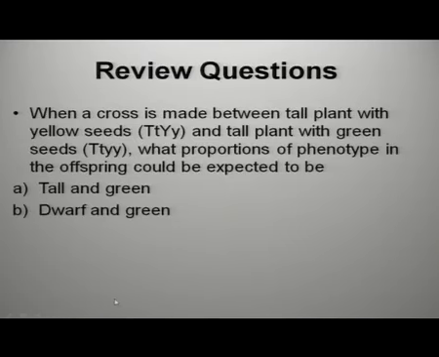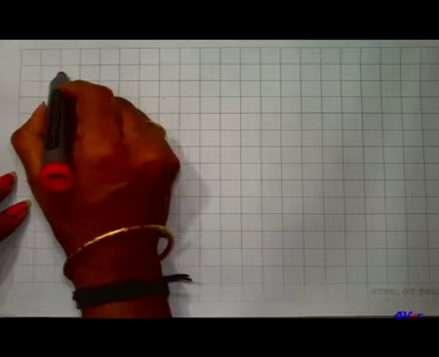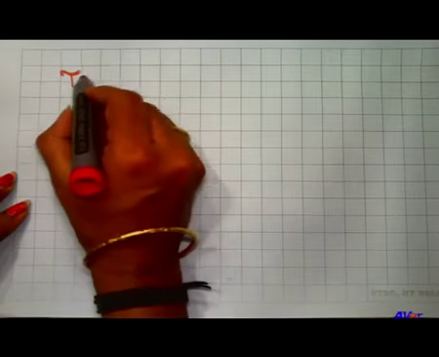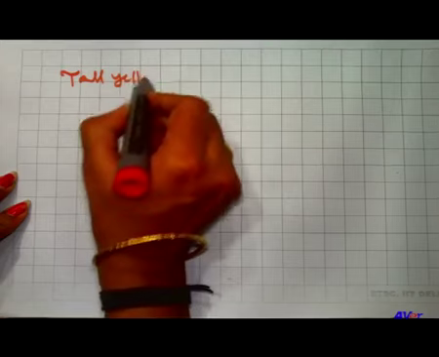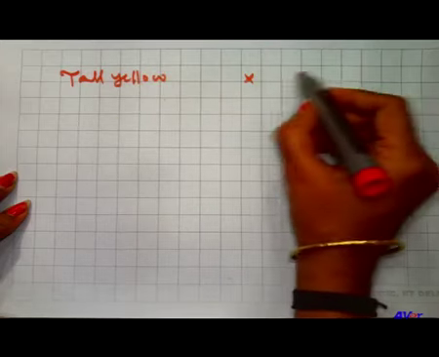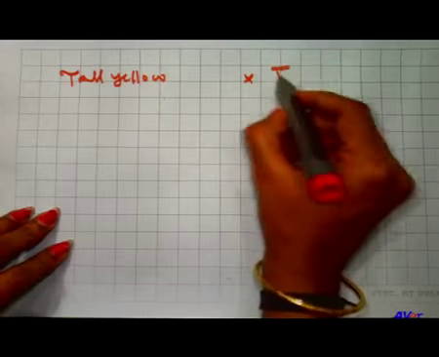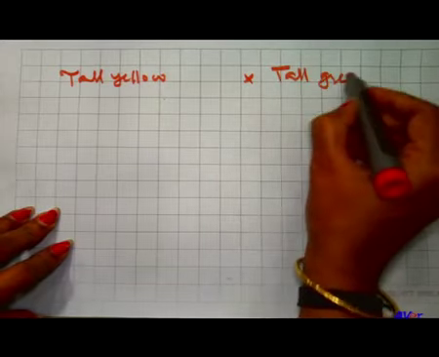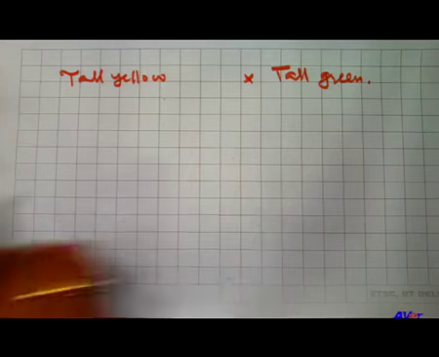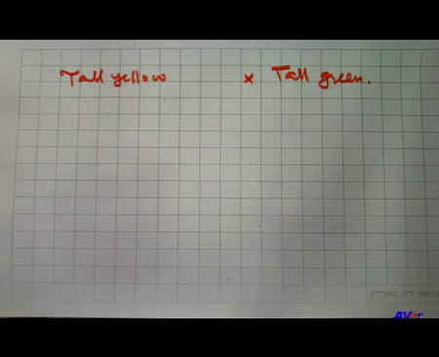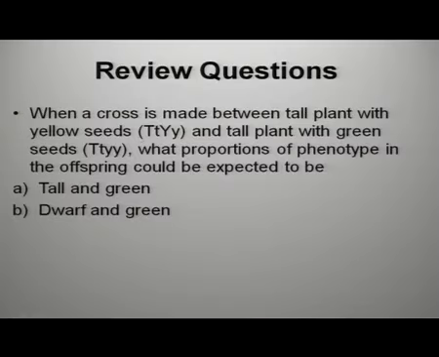So, see the answer. Tall yellow into tall green. This is the question that is given to you. First plant is tall and yellow, the other is tall and green. Genotype is already given here.